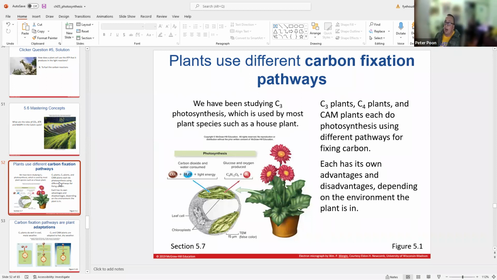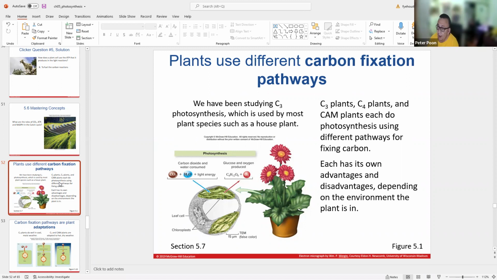The importance of C3 is that it's the easiest way, and it's actually the most advantageous. It's the simplest one and requires the least amount of effort. If your plants can do C3 photosynthesis, there is a definite advantage to that, and it will do C3 photosynthesis.